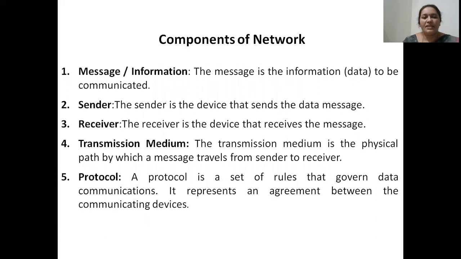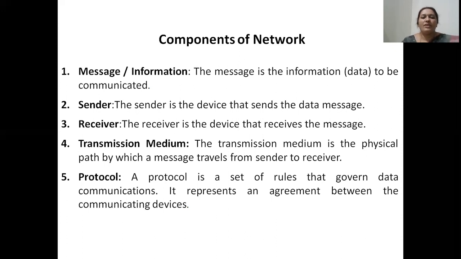The second component is the sender. Sender is the computer or device which sends the data message. And the receiver is the device which receives the message. And transmission medium is the physical path through which the message sent by the sender travels and reaches the receiver.